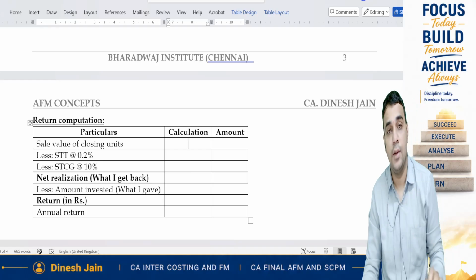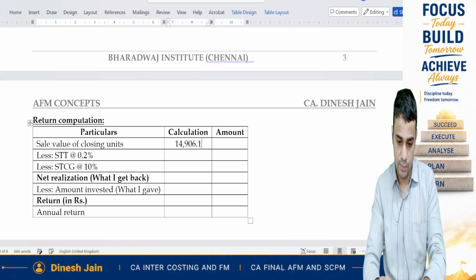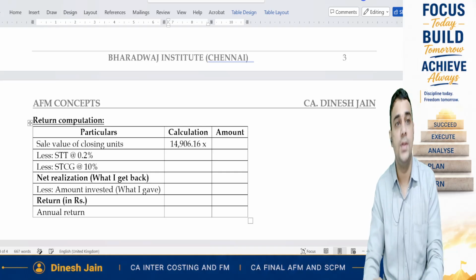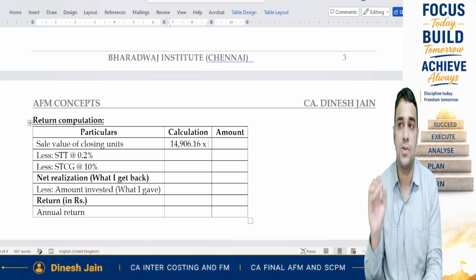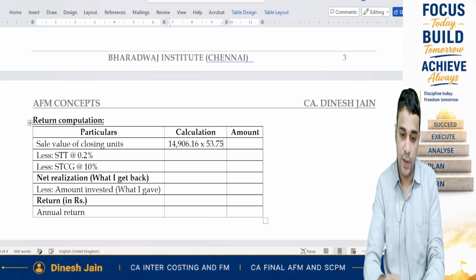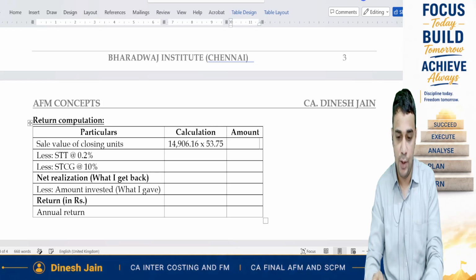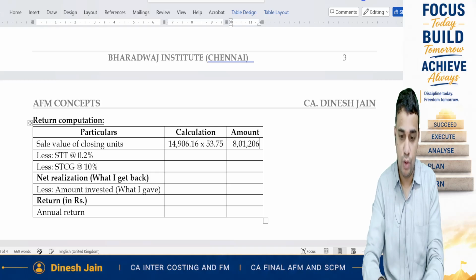Okay, can we start? How many closing units did we have? 14.16, and this plan will have its own specific NAV. What is the closing NAV? 53.75. 14,906 into 53.75 is 801,206.